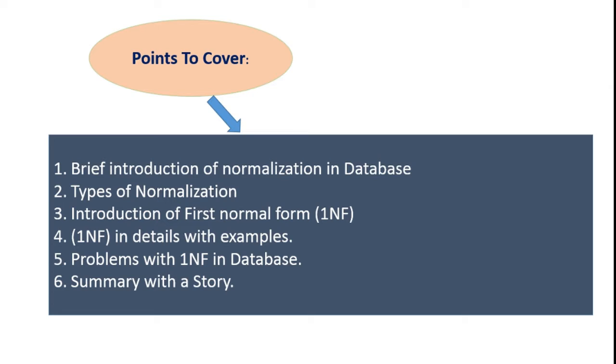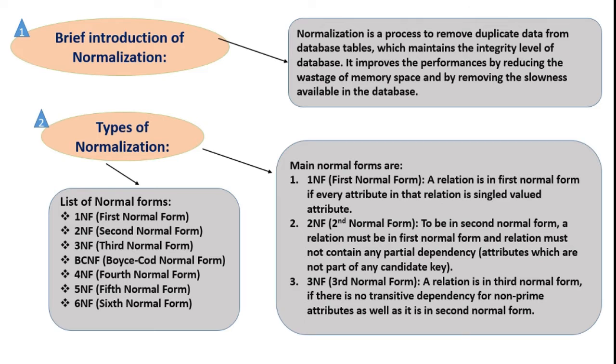The third point is introduction of first normal form. The next point is we will discuss the first normal form with examples. Next we are going to see what are the problems with first normal form in database, and at last a summary with a story.